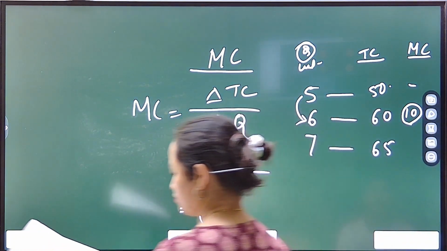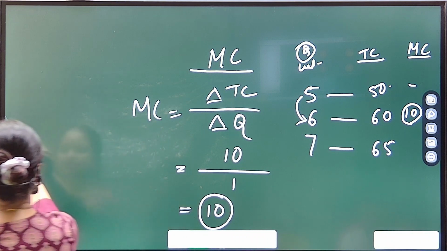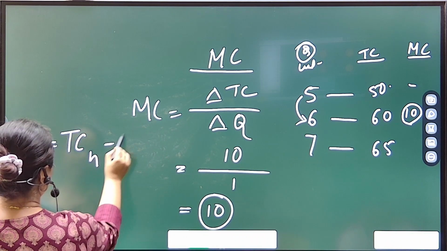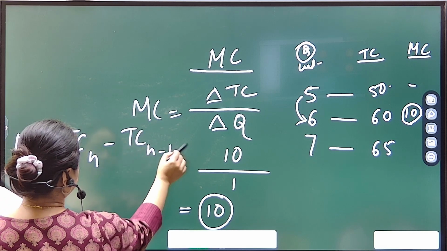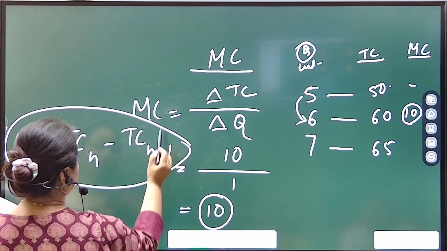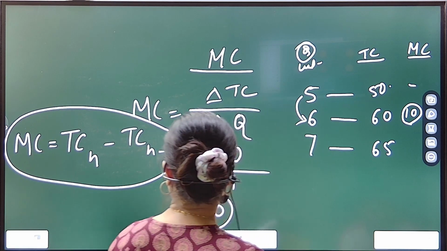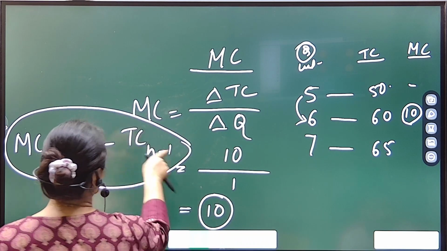So one more formula is given here. You can write this formula also: MC equal to TCn minus TCn-1. So this formula also you write.